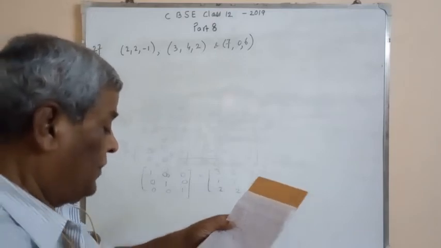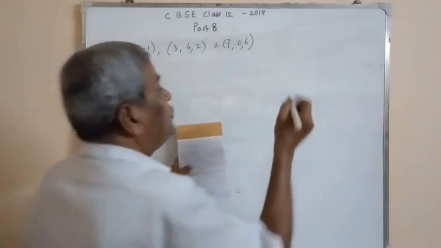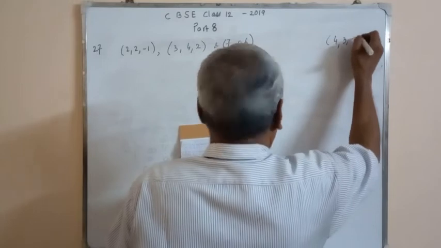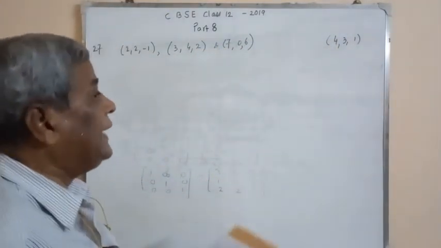Also find the vector equation of the plane passing through (4, 3, 1) and parallel to the plane obtained above.